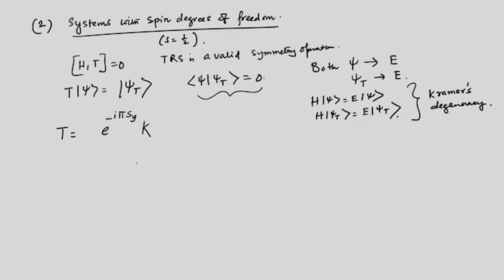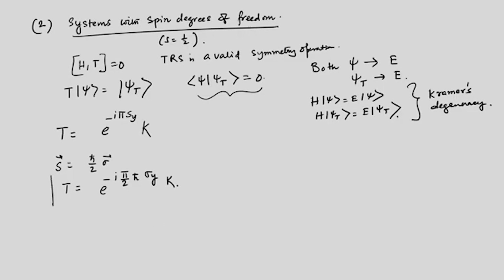And if you write down S is equal to h cross by 2 sigma, in order to convert that into Pauli matrices, then this becomes equal to e to the power minus i pi by 2, sorry, I forgot this h cross, so it is h cross, and then sigma y and K. Okay.